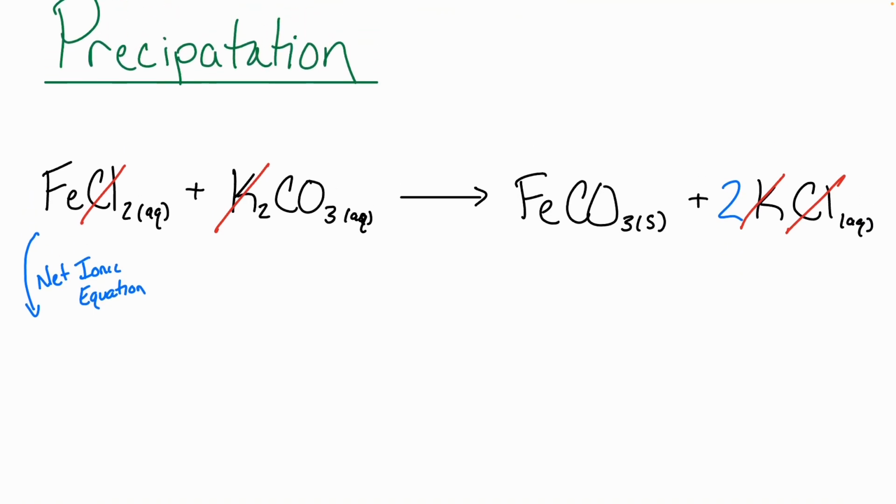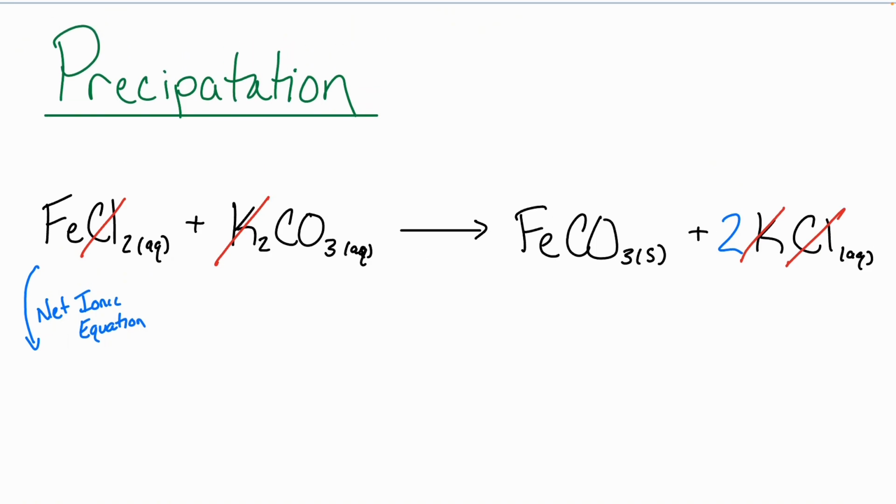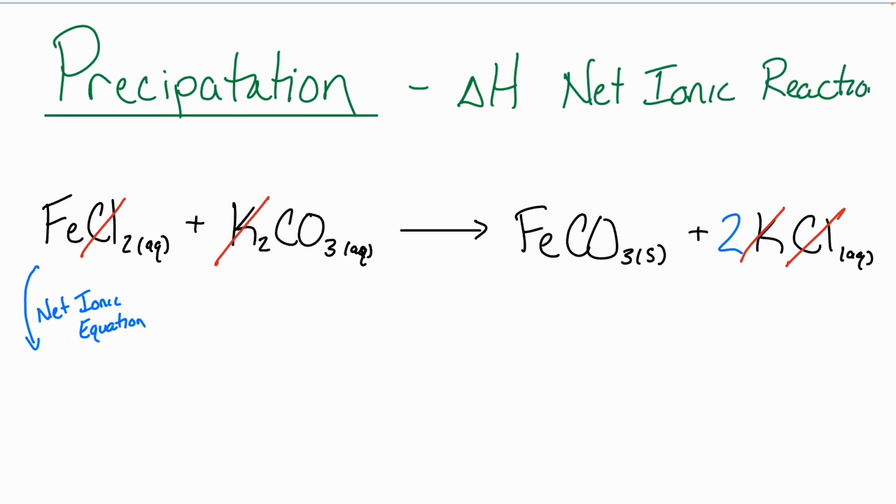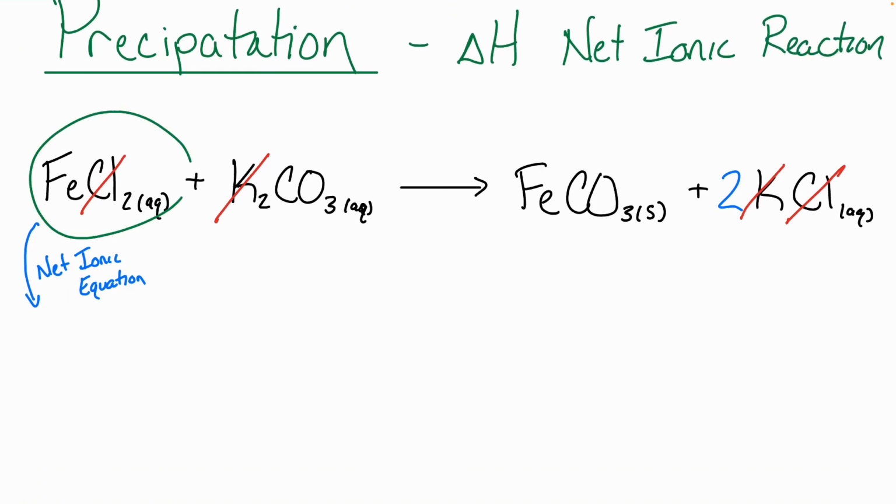So for precipitation reactions, when we go to calculate the delta H, we need to do the delta H of that net ionic reaction. So I'm not going to be able to look up the iron 2 chloride aqueous or the potassium carbonate aqueous.